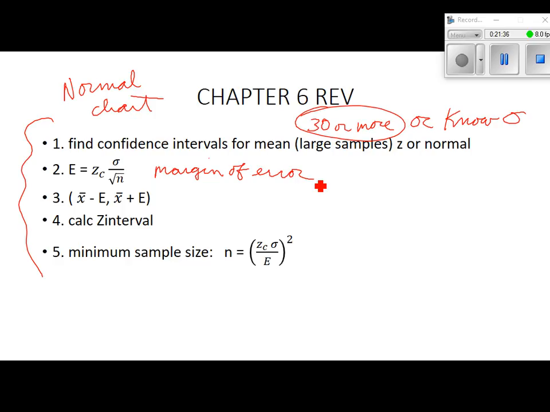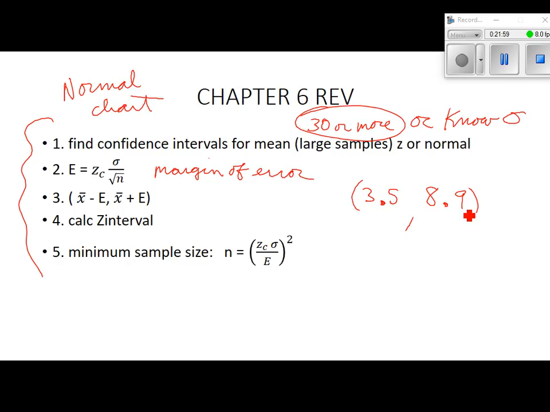Guarantee there's a problem on the test that's going to give you X bar, or maybe it'll just give you, probably both of them. It might just give you something like this: 3.5, 8.9. And it wants you to find X bar and E.